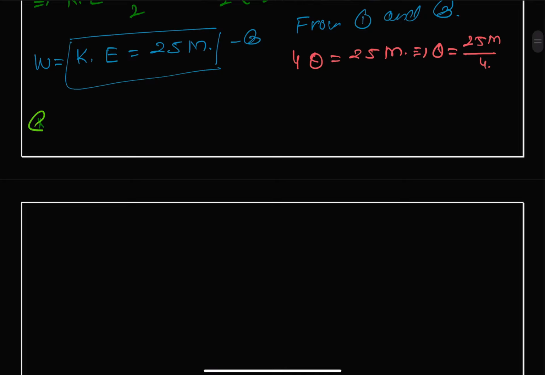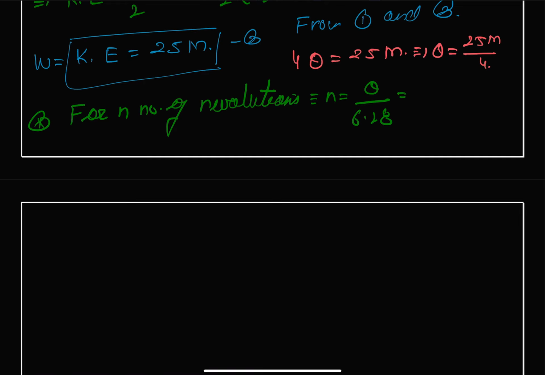So you can say for n number of revolutions, we can write that n is equal to theta upon, for single revolution, that is 6.28.